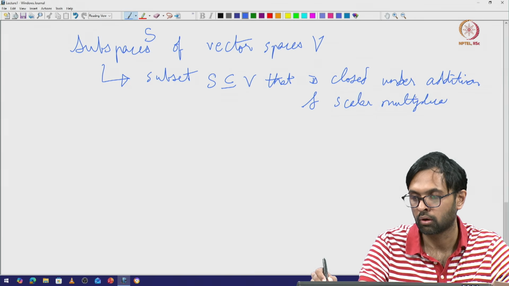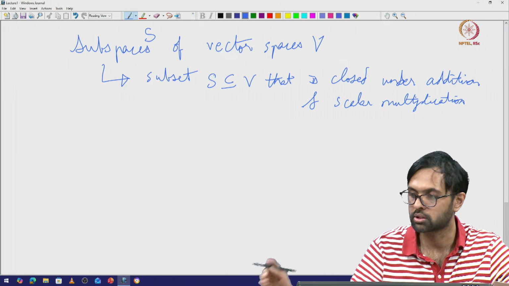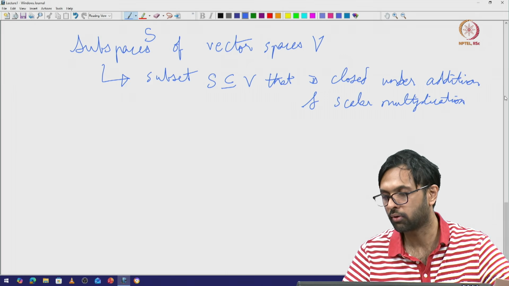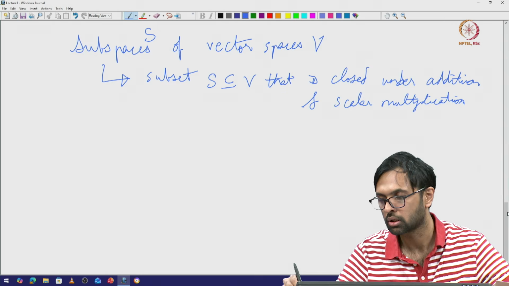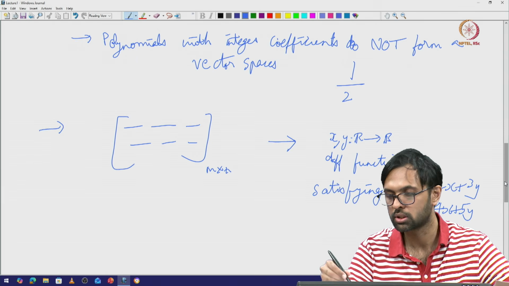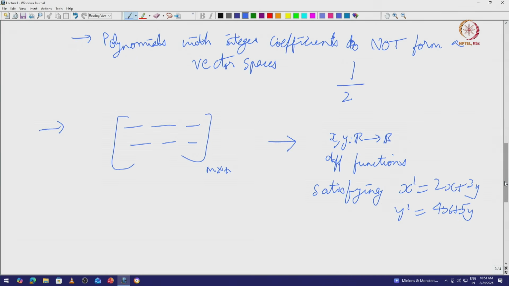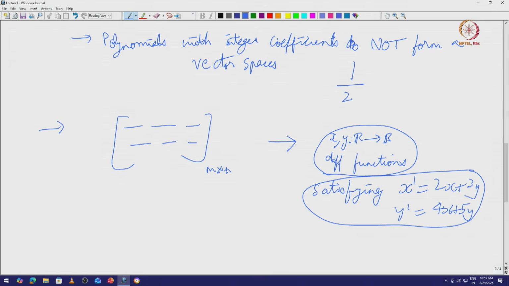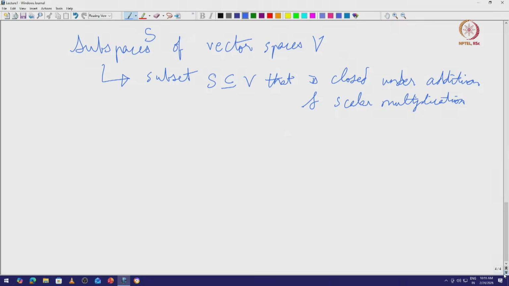So for example, in some of our previous examples, we looked at differentiable functions satisfying a differential equation. If I look at all differentiable functions, they form a vector space in their own right. The functions satisfying these differential equations form a subspace.